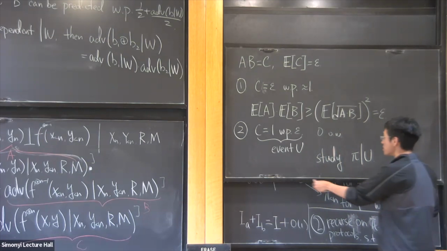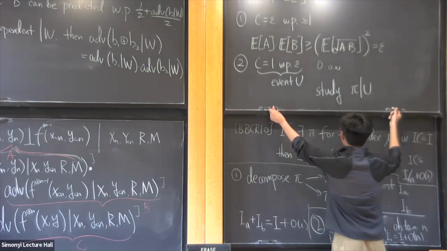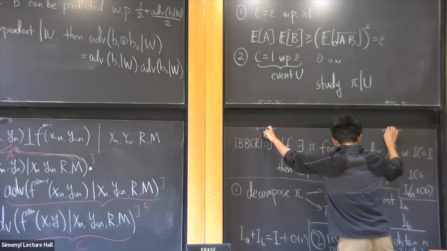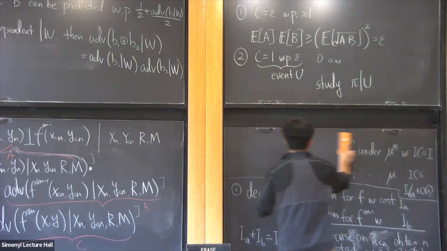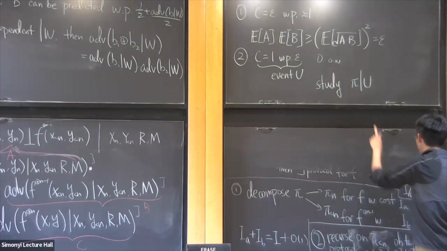So this is one first issue. But the idea is that we will monitor, through this iterative process, how close to a protocol this arbitrary distribution is.